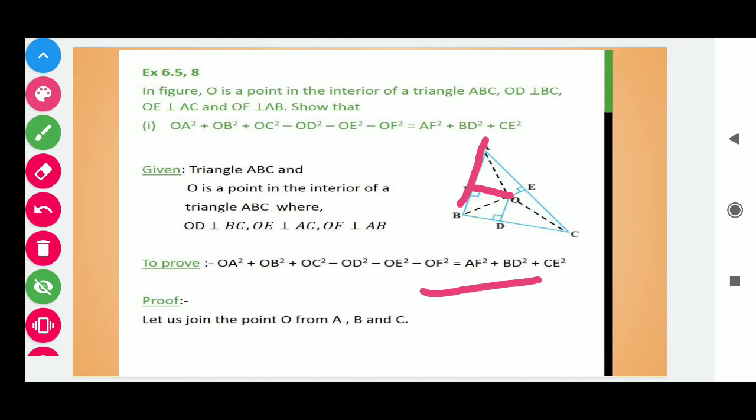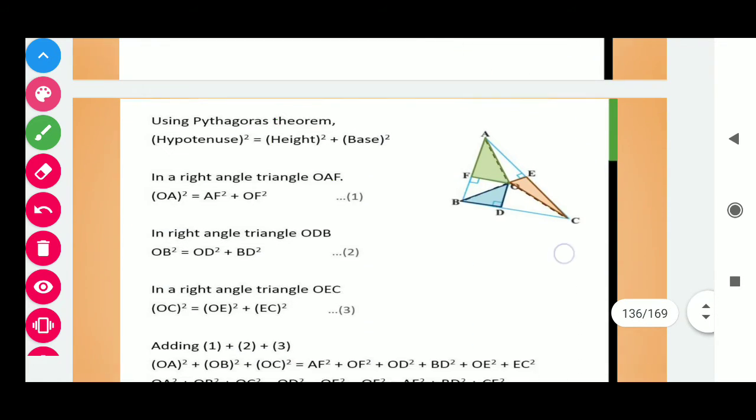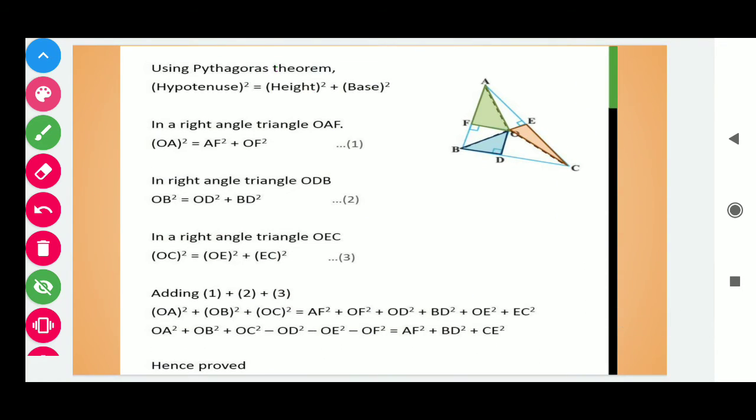Let us join the point O to A, B and C. After that, you observe three right angle triangles. You can see from the diagram here, I have shaded green, blue and orange right angle triangles. By using the Pythagoras theorem, square of hypotenuse is equal to square of perpendicular plus square of base, we get the required result. So let's start by using this.